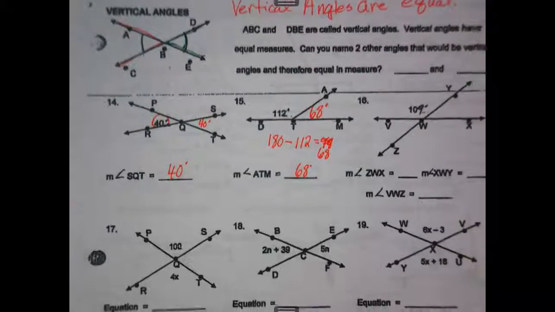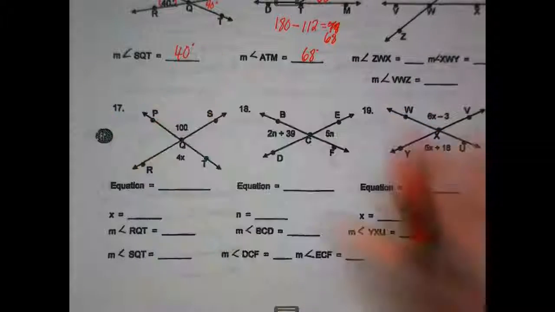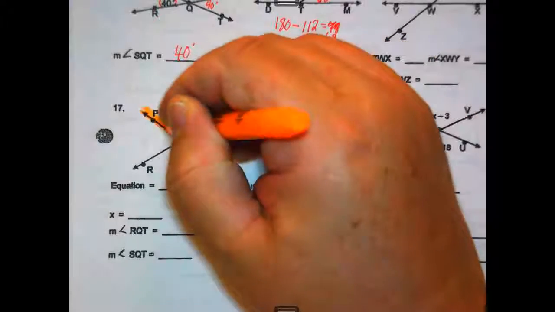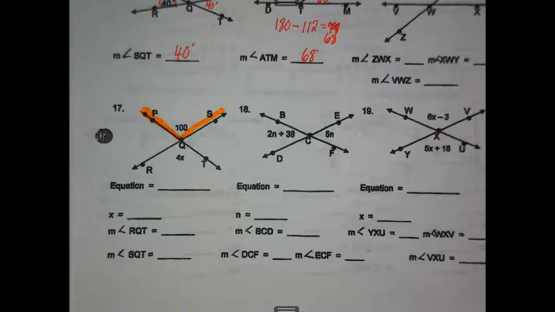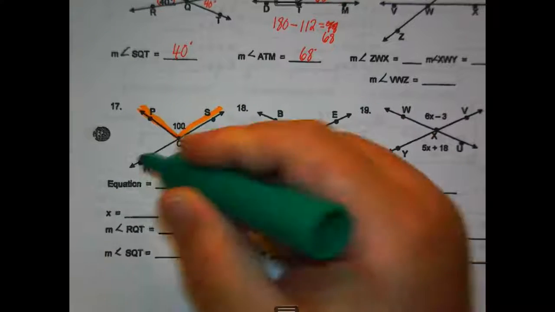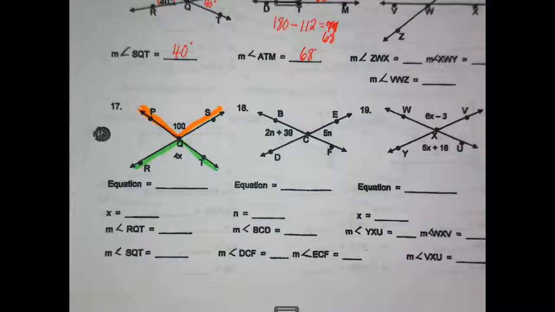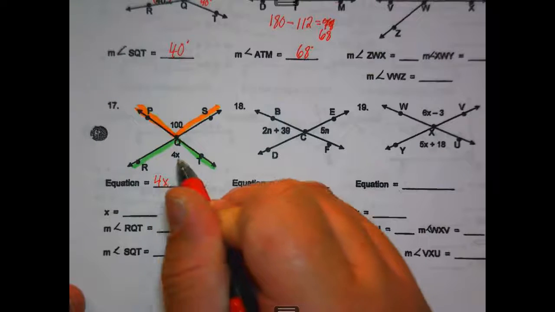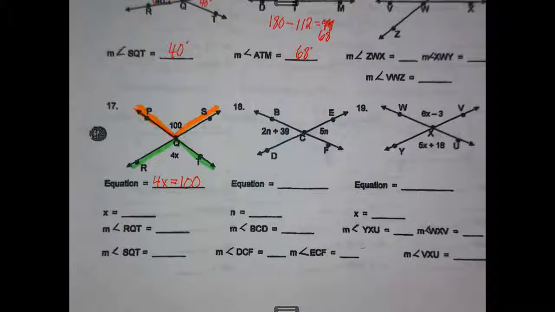Number 17. If this angle is 100 degrees, RQT has to be 100 degrees. So my equation is 4x equals 100. Divide both sides by 4, 25.